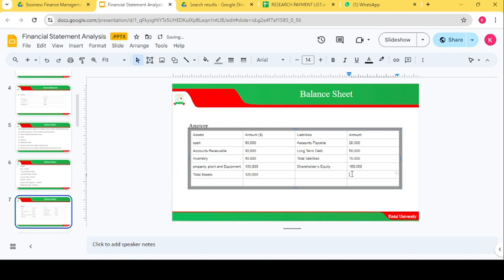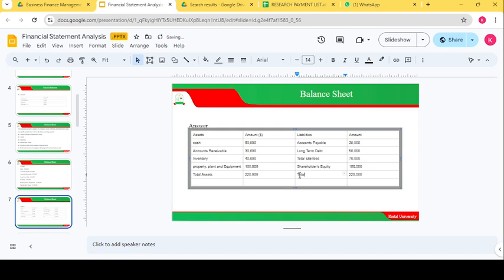When you add, you get the total of 220. So when we add liabilities and our shareholders' equity, it gives us 220.